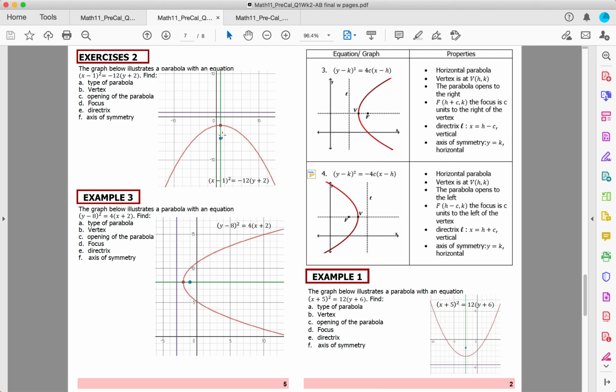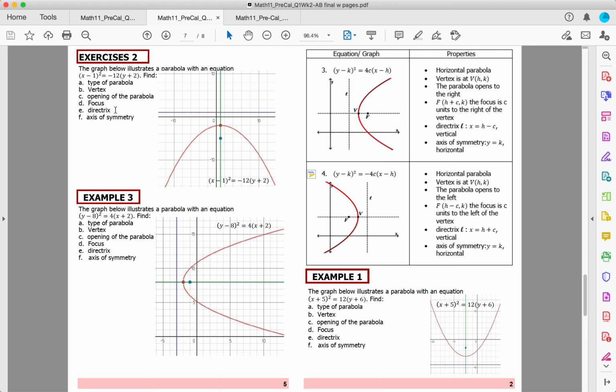So 1 unit, 2 units, 3 units. Since you started from -2, you count 3 units: -2, -3, -4, -5. So the y coordinate here is -5. The x coordinate here is 1, same as your h value. So the focus is at (1, -5).